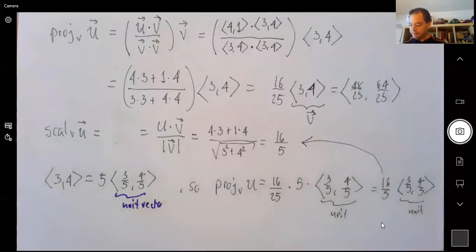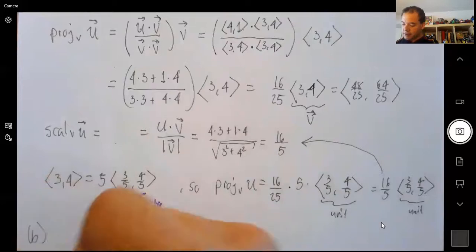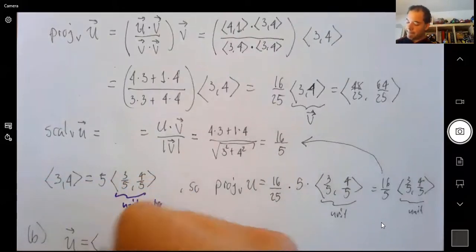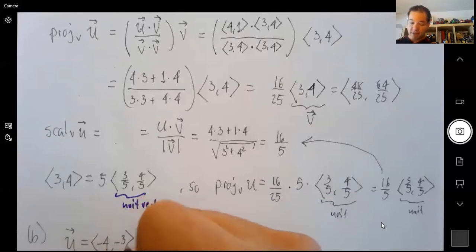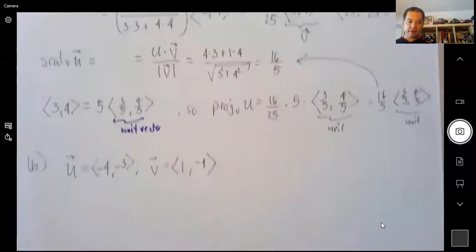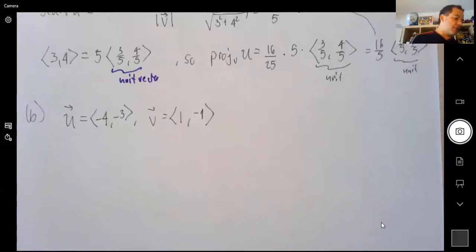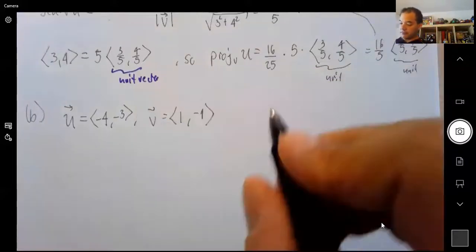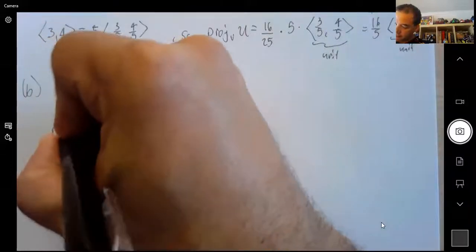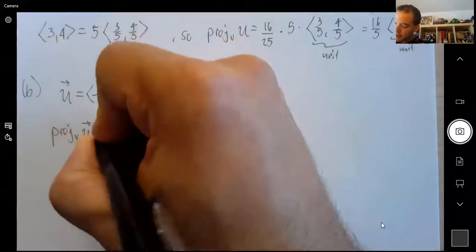Let's do part B. For part B, u equals (-4, -3) and v equals (1, -1). It's the same question. We want to find both the scalar and the projection. So let's start with the projection. What is the projection?